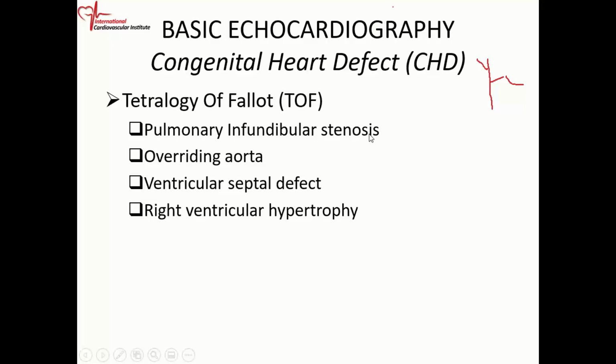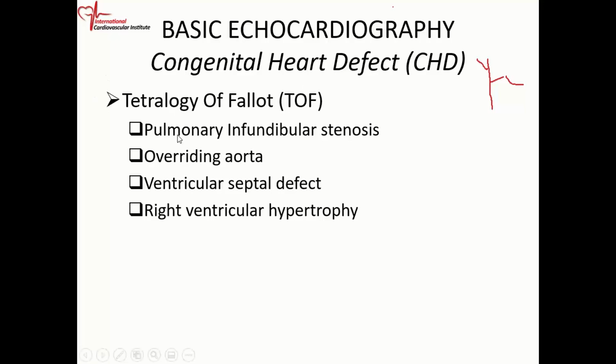That's going to determine whether you do an intervention, yes or no. If you have minimal stenosis, then the patient will do well and you probably don't need to do much. If you have significant stenosis, then the patient will not do well and you have to do some type of intervention.